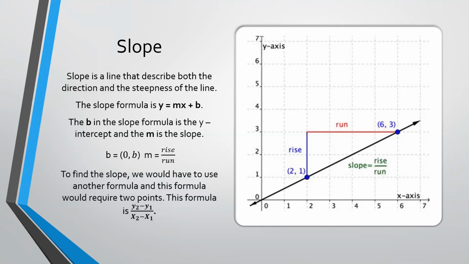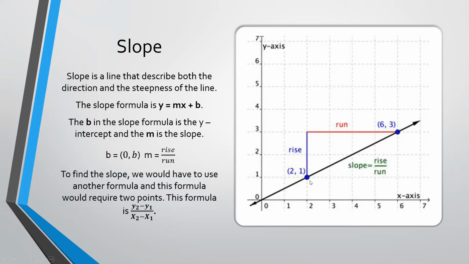To find the slope, we would use another formula, and this formula requires 2 points. This formula is y2 minus y1 over x2 minus x1. Since this example on the side has 2 points, you can just use that formula and then you'll have it.